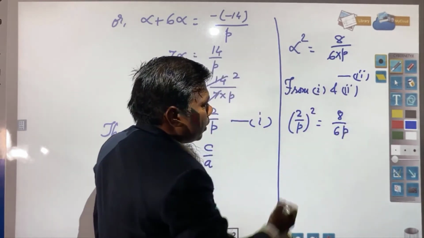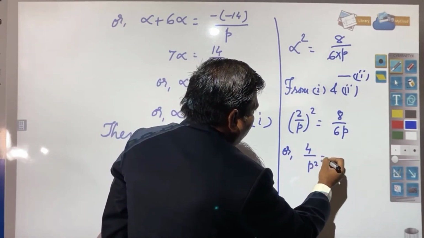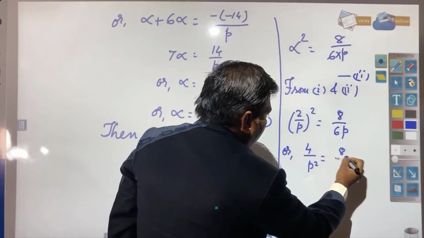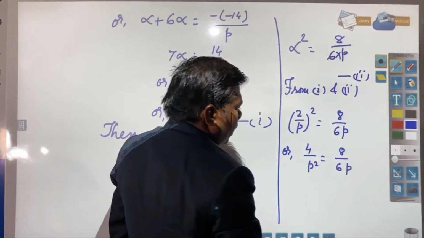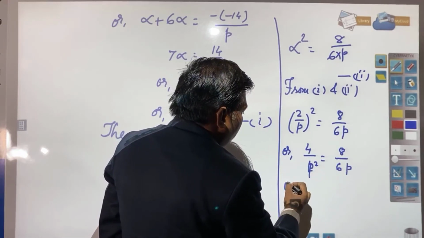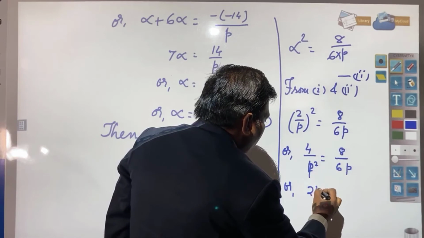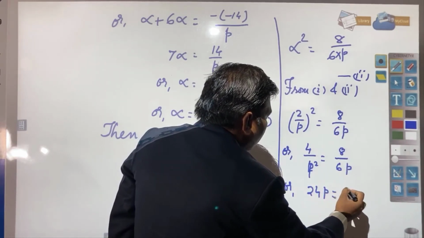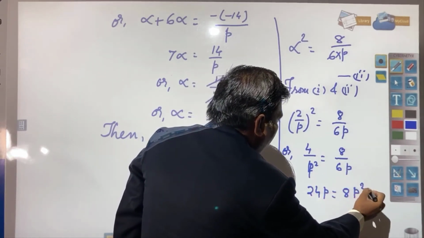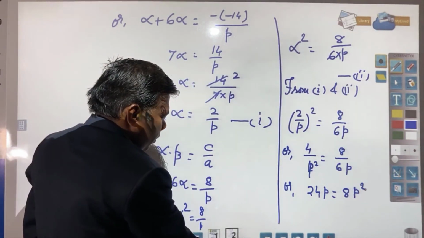This can be written as 4 by p square is equal to 8 by 6p. Now here we will cross multiply, so this will be 24p is equal to 8p square.